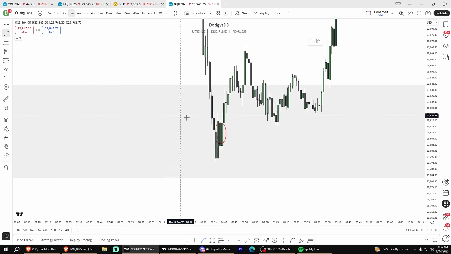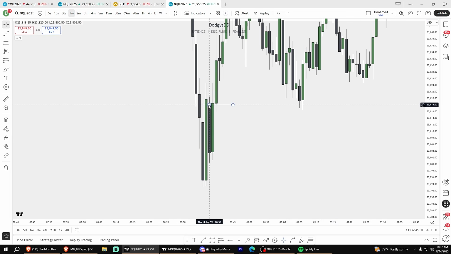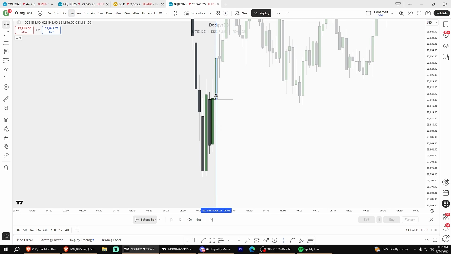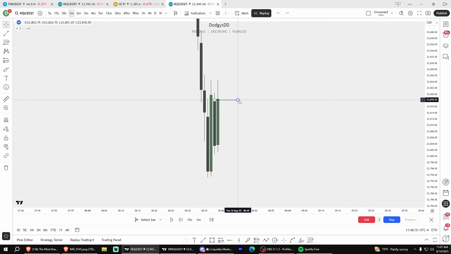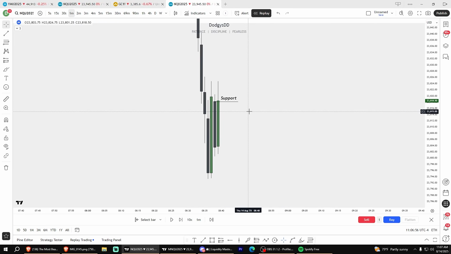The second we close above the opening price of that candle, which would be right here, it is considered an order block. You now want to see this used as support. I'm on the 1 minute time frame right now, but could this be on the 4 hour time frame? Yes or no?